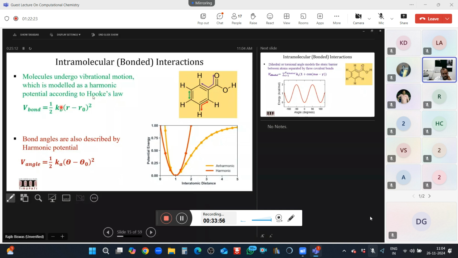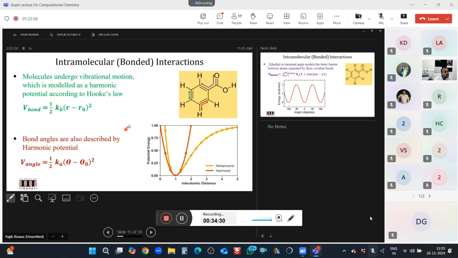But if it is a double bond, then the force constant will be a little bit higher. Even for a triple bond, it will be even higher. Okay. And there are many chemical bonds which are anharmonic in nature. That's why in this plot I showed both harmonic as well as anharmonic nature. But most of the chemical bonds are harmonic, except some small systems, for example water. Although we model with a harmonic description, water does possess anharmonicity in the bond stretching energy landscape.